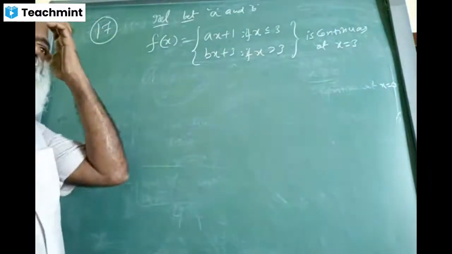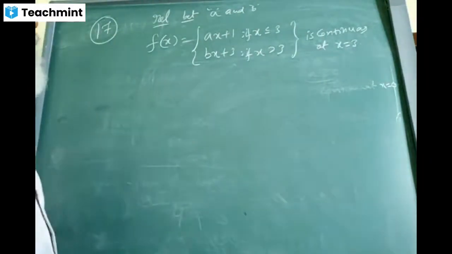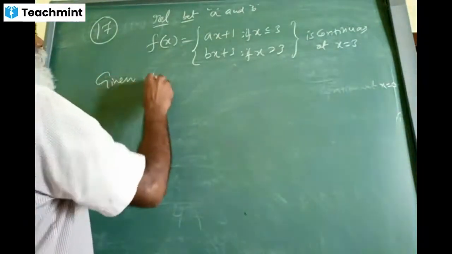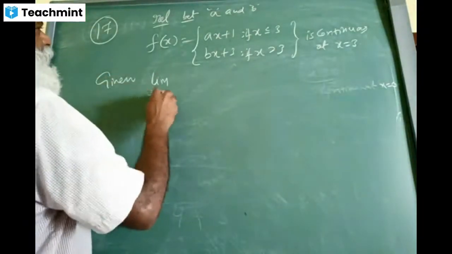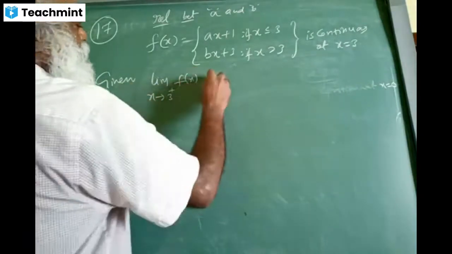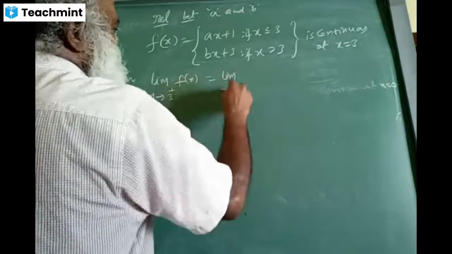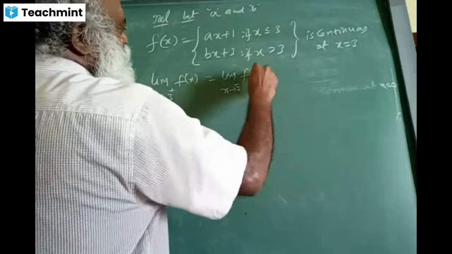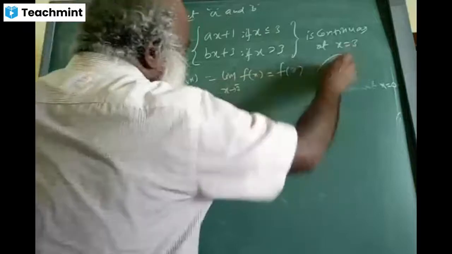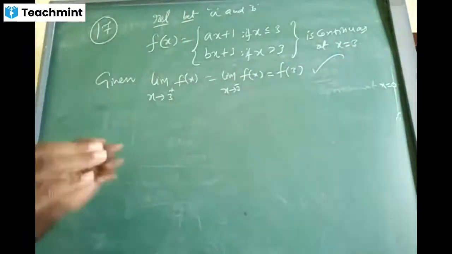That means limit x tends to 3 plus f of x is equal to limit x tends to 3 minus f of x, which is f of 3. This is what is given.